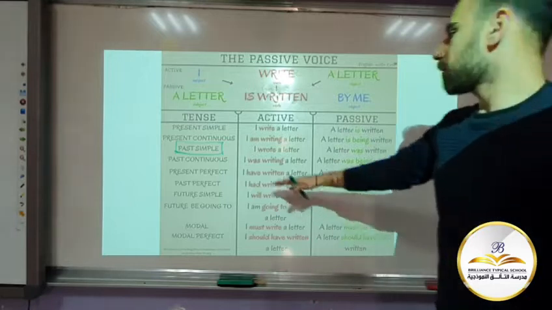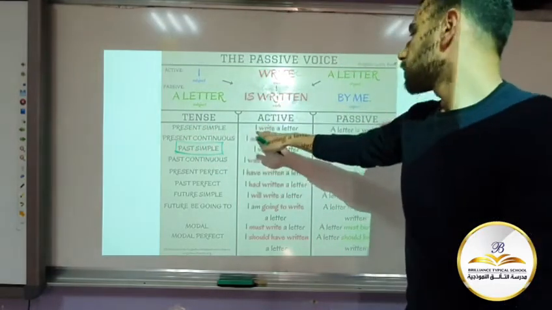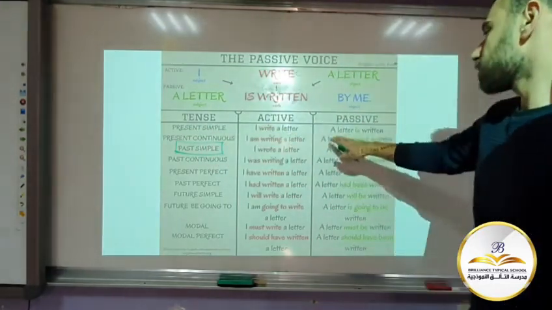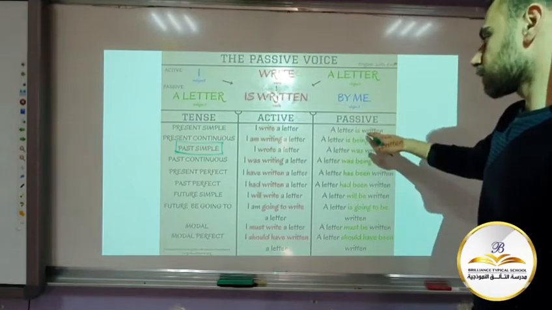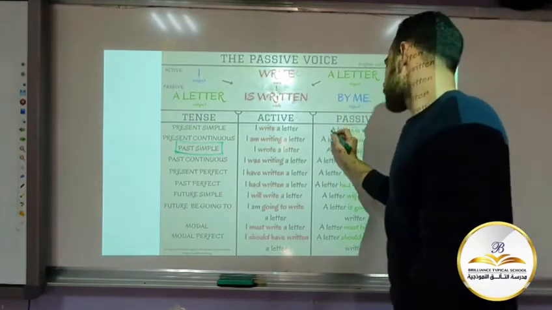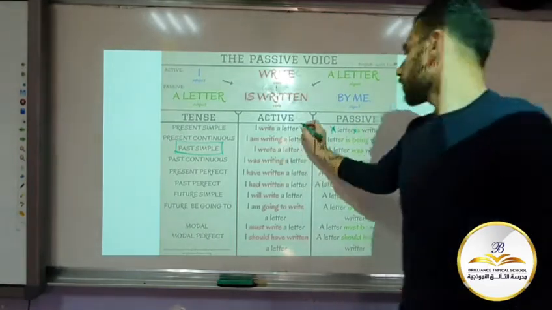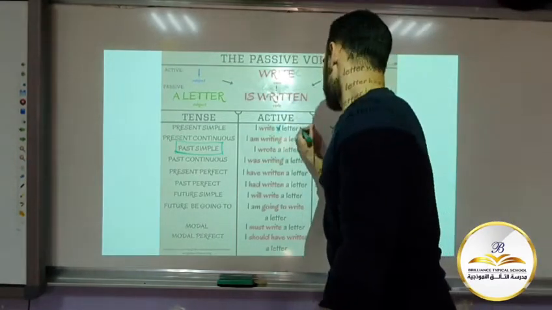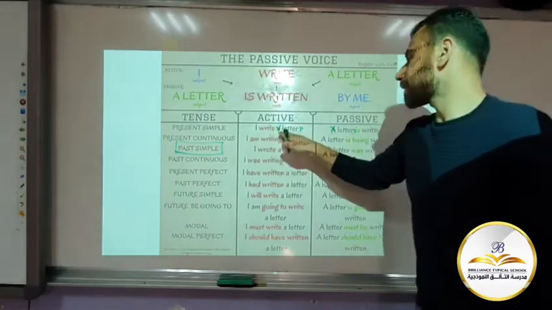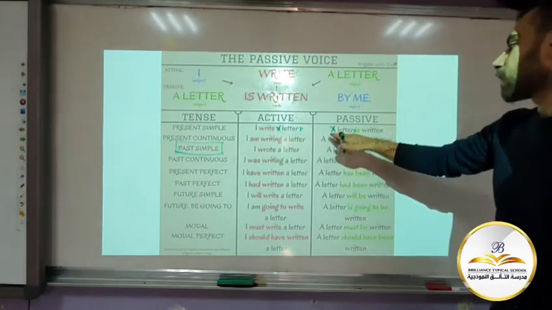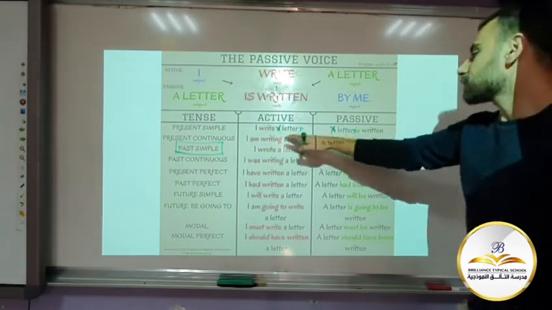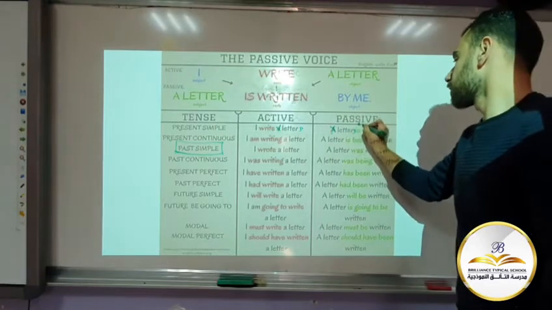Okay, here we have the present simple. Here I write a letter, it becomes a letter is written. And if we have letters, forget about this A. I write letters, let's say. It's going to become letters are written.